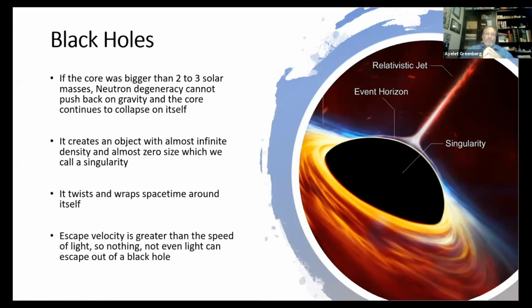It creates an object that has almost infinite density and almost no size, which is a very strange thing, and it's what we call a singularity. And this singularity has so much gravity that it is warping space-time around itself. The gravity pull is so strong that nothing can escape from it, not even light, which is why we call it a black hole.